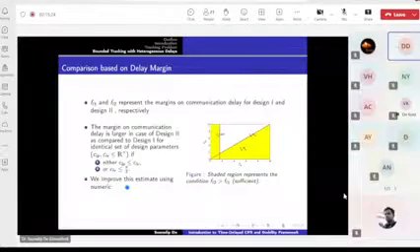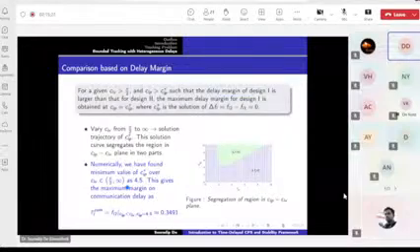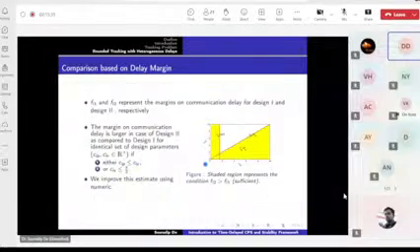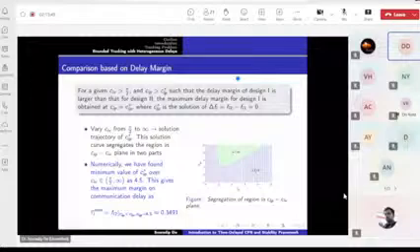So here you can see that suppose for a given CIP greater than pi by 2, why are we taking CIP greater than pi by 2? Because in this particular region we have FI2 greater than FI1. So the remaining portion left is the white one, which is the unshaded region. So in this particular region, our objective is to find on which spaces the delay margin of design 1 will be greater than design 2.